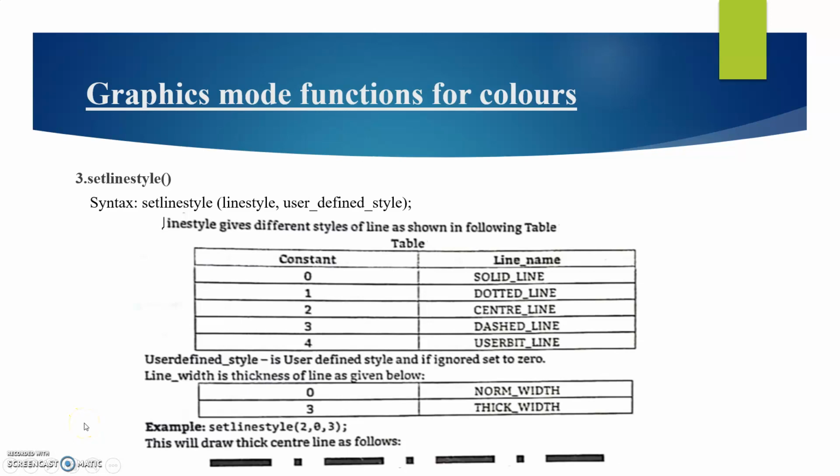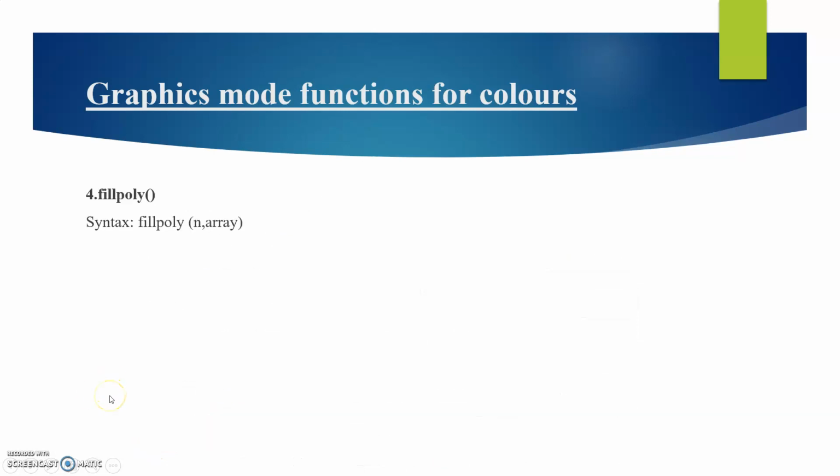Line width is the thickness of the line as given below. In the example, you can see setlinestyle(2, 0, 3); and that will draw the line as shown in the slide.